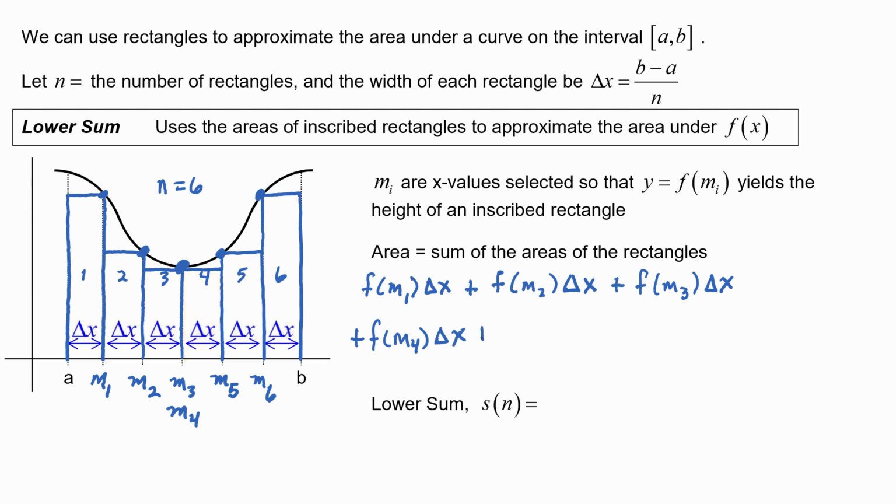We add in the area of region 5, which would be f of m5 delta x, and then region 6 will be f of m6 delta x. Now, a way we can combine all of that together is to use a summation. The summation i equals 1 to 6 of f of m sub i delta x.